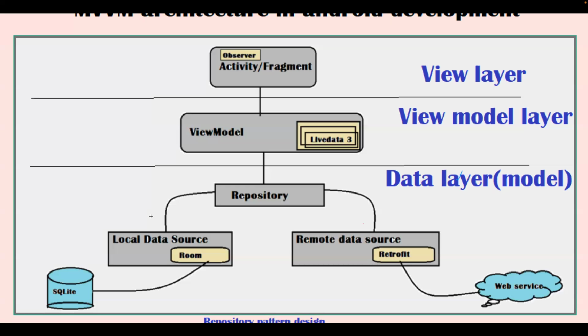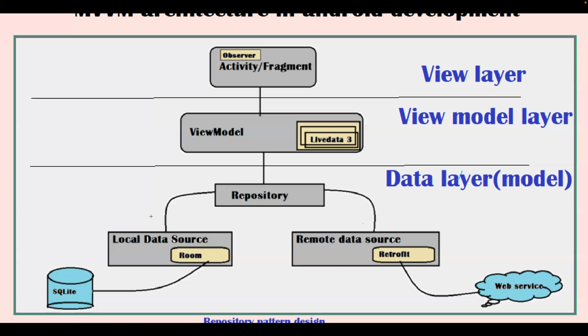The view model communicates to the repository, and the repository decides where you get the data, whether from the API, the local database, or Firebase. The repository will also maintain a mock repository, which is for writing unit test cases. Hope it's clear.